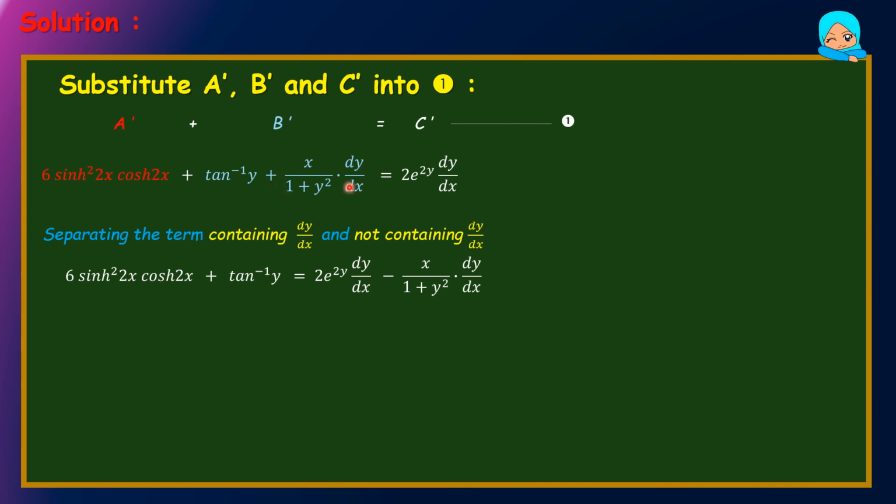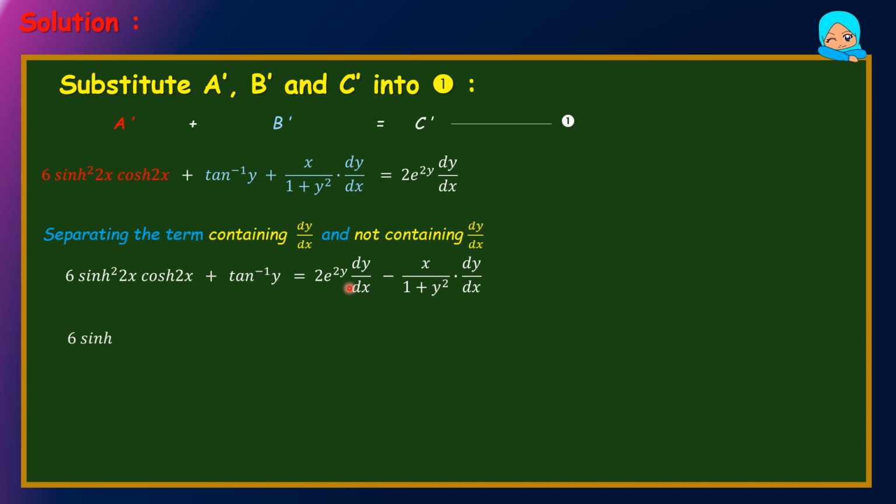This term also has dy over dx, so this is a positive sign. Then we move x over 1 plus y squared dy over dx to the right hand side, so we have minus x over 1 plus y squared dy over dx. These two terms don't have dy over dx, so we leave them on the left hand side. So for the left hand side, we have the terms not containing dy over dx, and for the right hand side, we have the terms containing dy over dx.